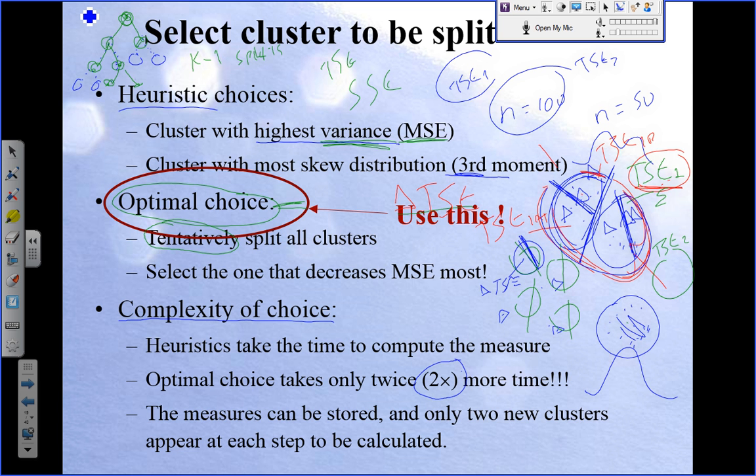Okay, this new one comes. I need to do the tentative splits for these two, and also this one. So basically I need to go one level further in this tentative splitting than the algorithm really goes. And that's where the 2 times comes from. So this is my final tree, and I end up with this binary tree view of the splitting approach.